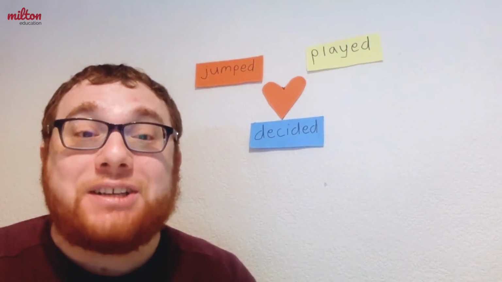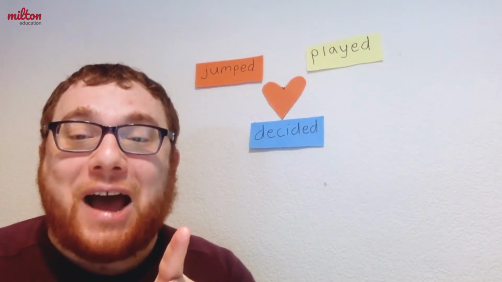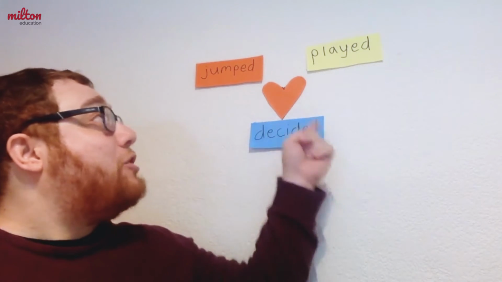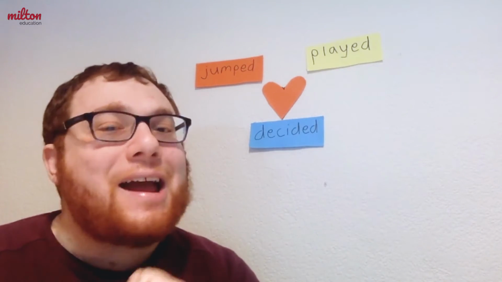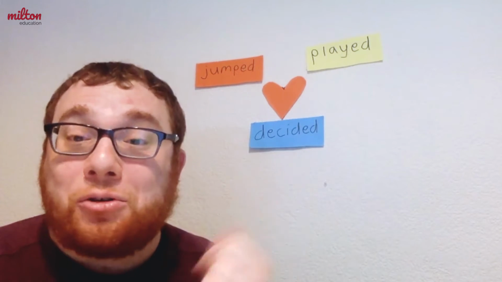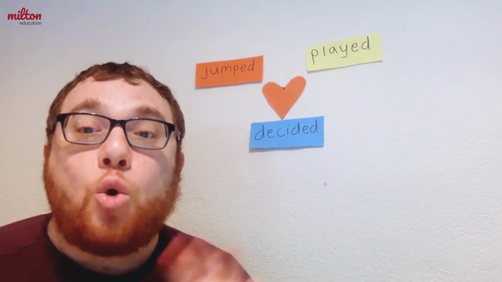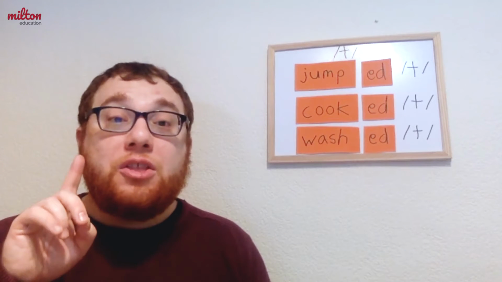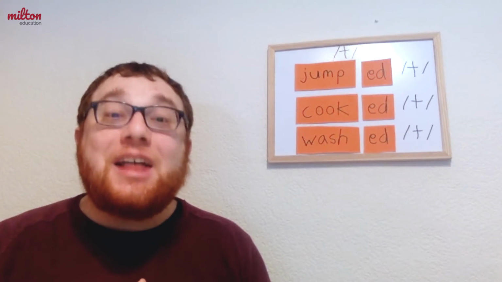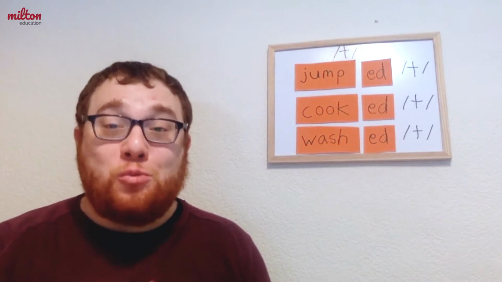Today, I'm going to give you some tips of how to say the final ED letters in each group properly. And I'm going to give you some examples to help you remember which verbs go with each group. The first group is the T group.